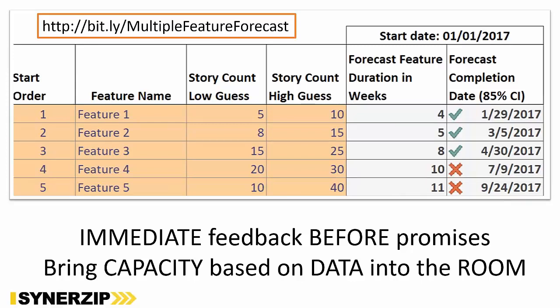So forecasting in this case helps us decide earlier which features are going to miss, which is a far more productive conversation than trying to get all 5 features in when you have no chance whatsoever. I find that the better you can tune this using a team's historical data and then collaborate with someone on the order that they want these features delivered, the better the outcomes are.